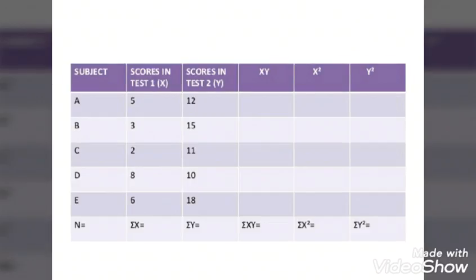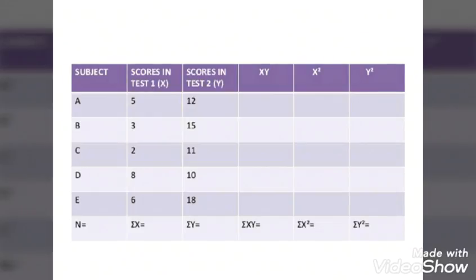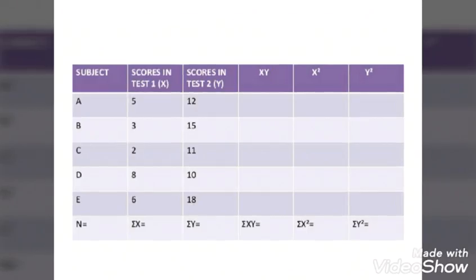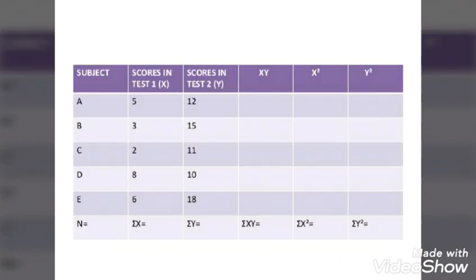Then you have to keep subjects, then score of x and score of y. You can take one test score as x and another test score as y. Your subjects is the n value, that is the total number you have seen in the values here. N is equal to the number of pairs of data. So your subjects are the number of pairs of data.